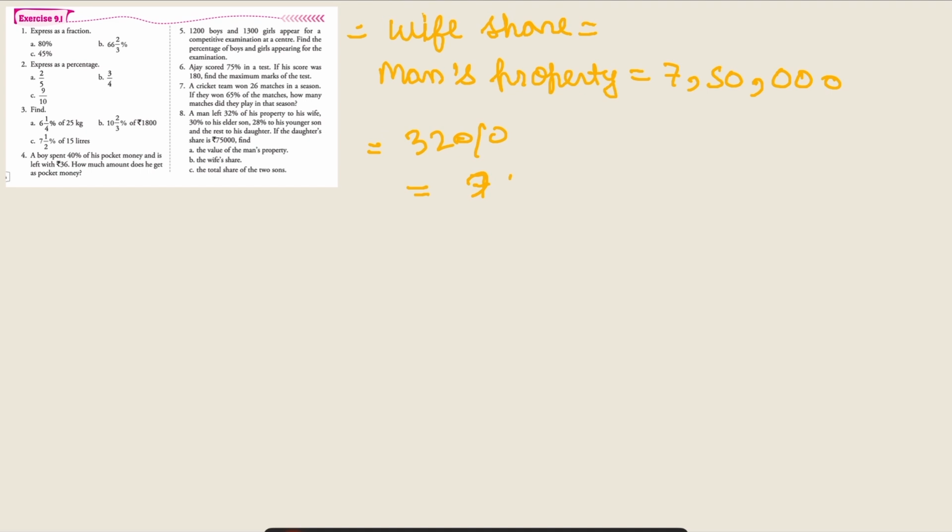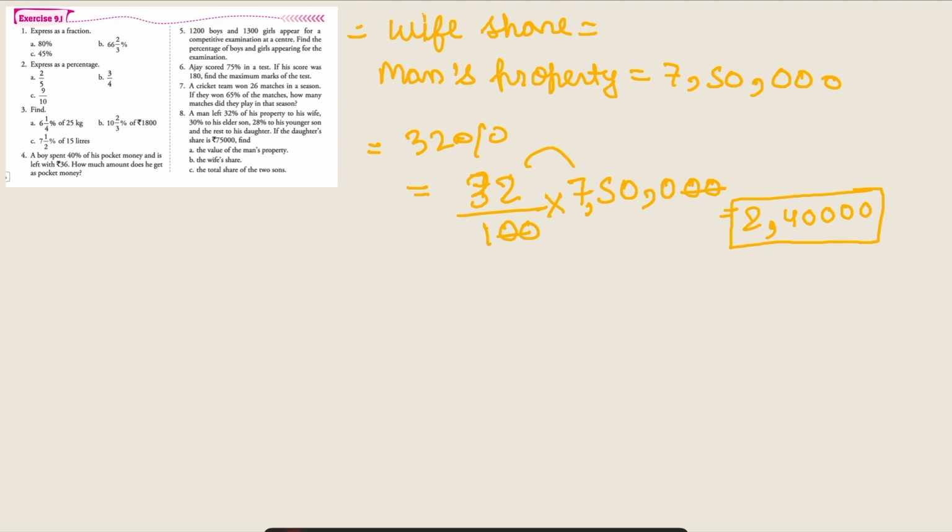Now we have to take out the amount in rupees. So 32% of 7,50,000 will be what? Multiply this. 2,40,000 is the correct answer.